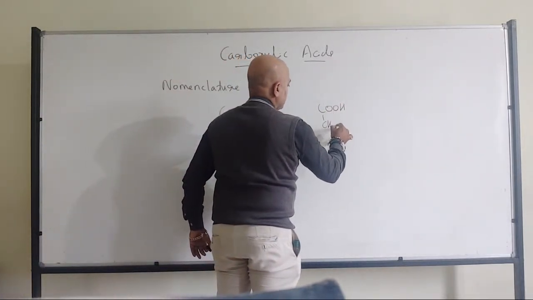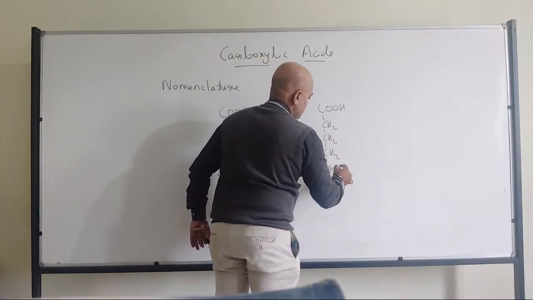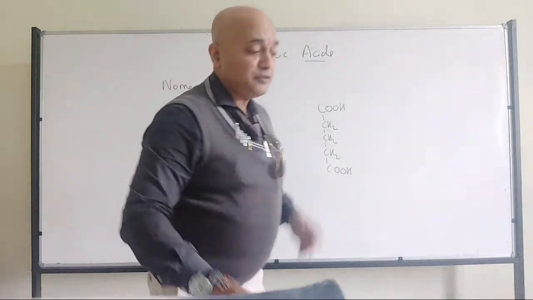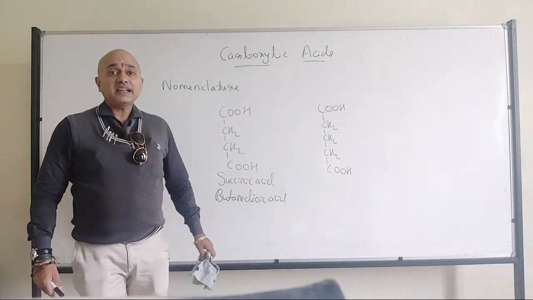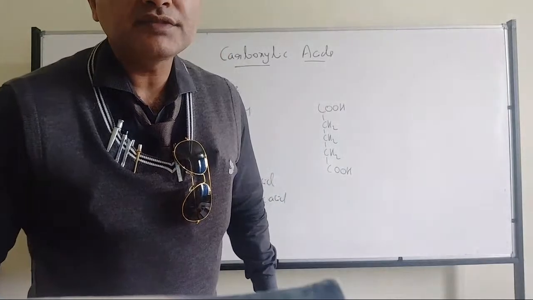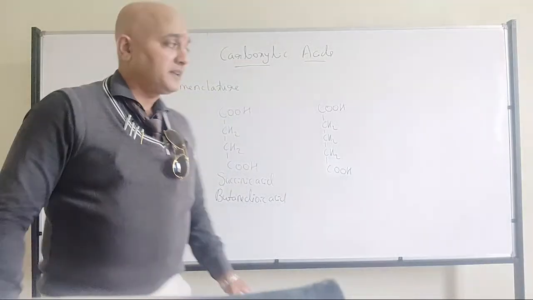COOH, CH2, CH2, CH2, COOH. Even this molecule, you people have studied in the citric acid cycle. Archit says ethane 1,2. Okay, done.